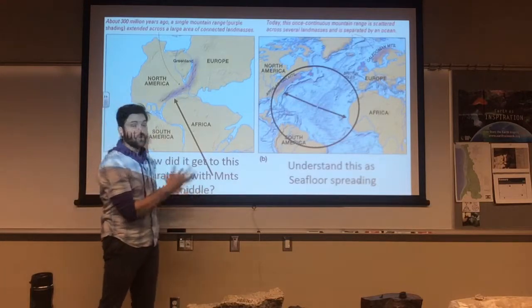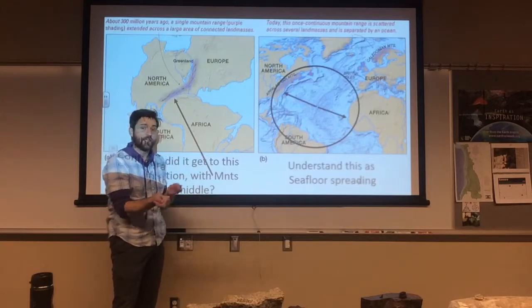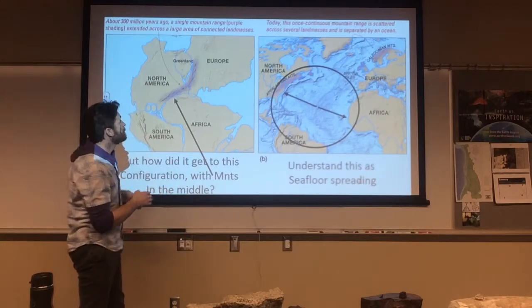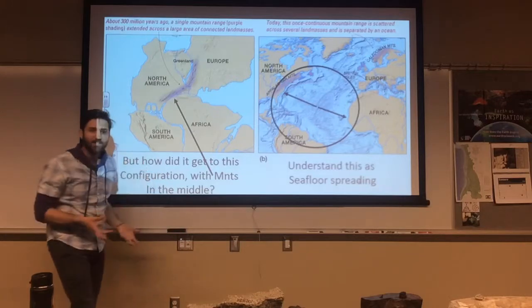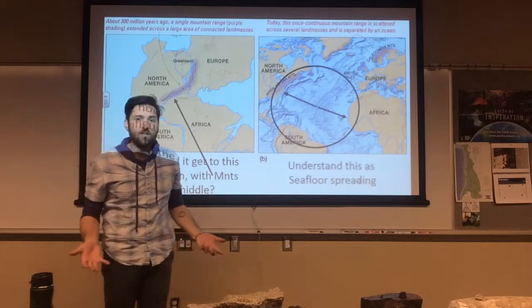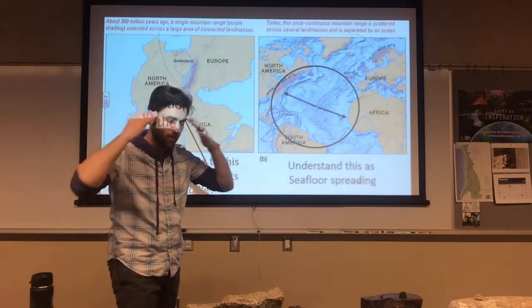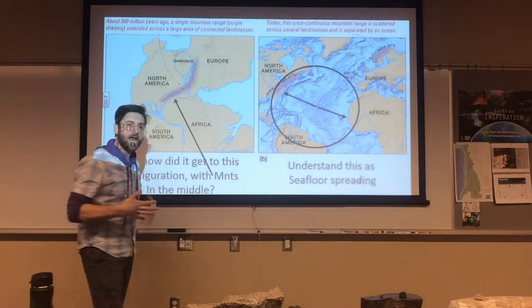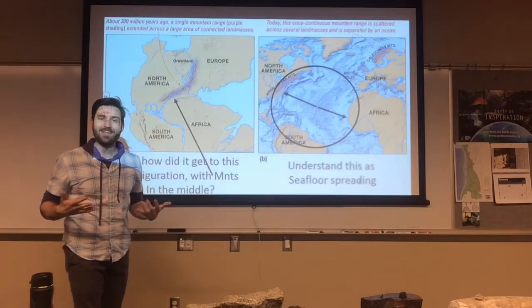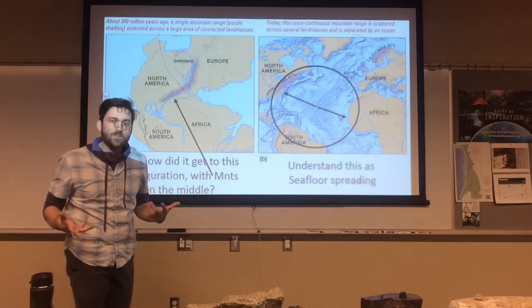And in fact, through rock evidence, he was able to show things of that nature. Now, why is there a mountain range in the middle of Pangaea, in the middle of the supercontinent, right? So then we kind of have to rewind and go backwards. What the heck, right? Why were there mountains there?